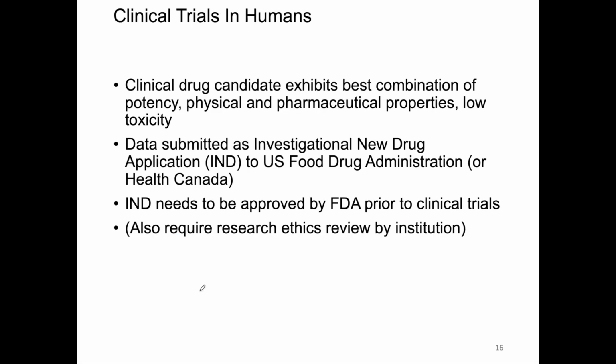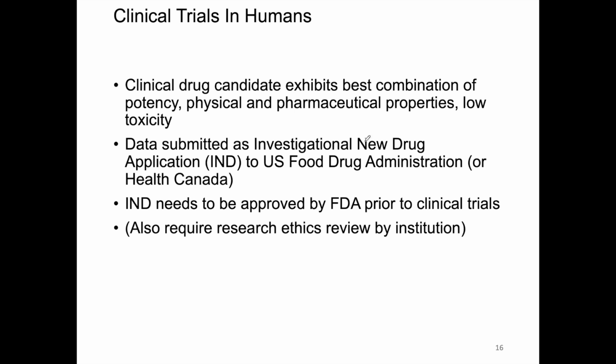So once you have done all of the preclinical research, filed the appropriate patents, then you identify a clinical drug candidate, and it would be the molecule that exhibits the best potency, physical and pharmaceutical properties, and low toxicity.